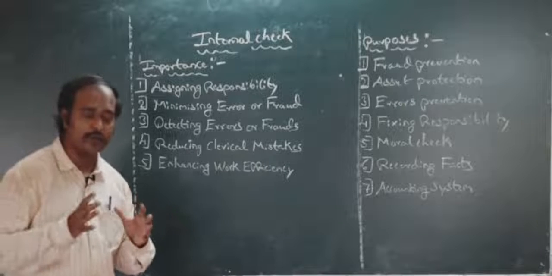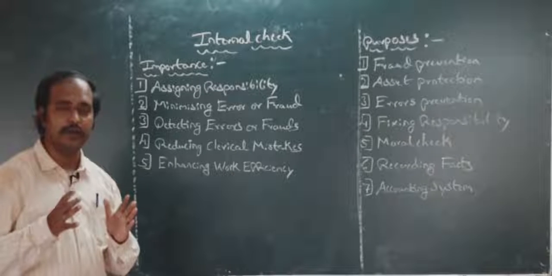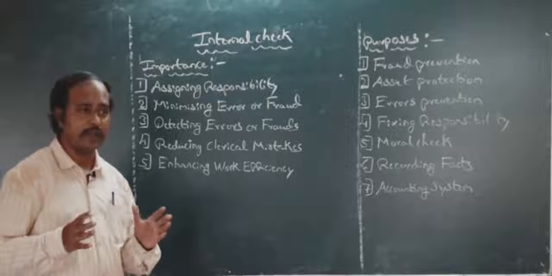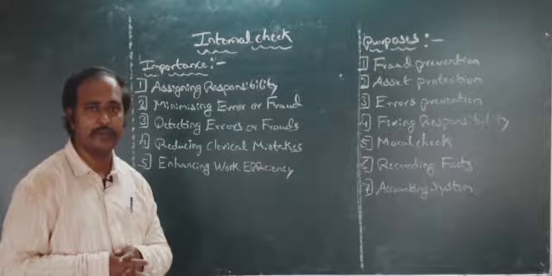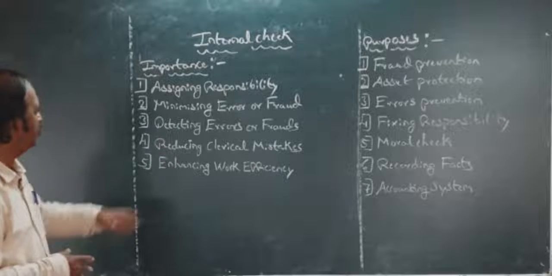Division of work, division of labor makes your work easier and more efficient, and you can get the desired result in a very timely manner. So this is also one of the importance.